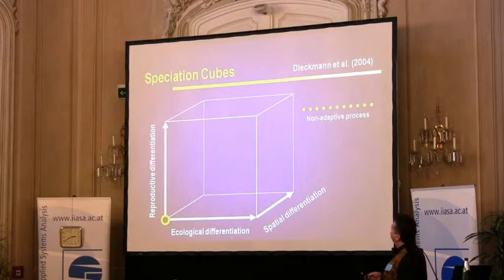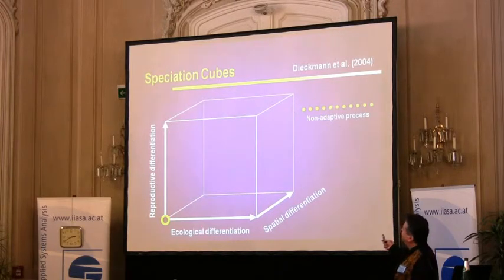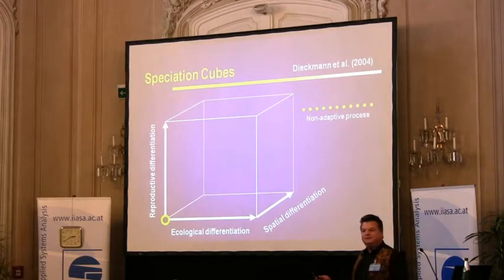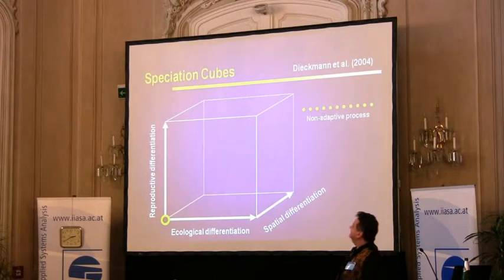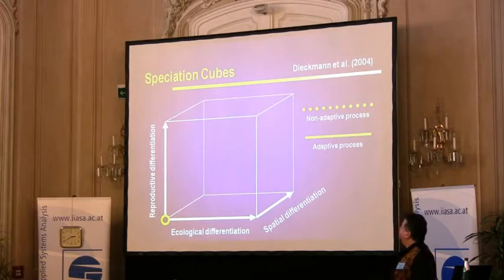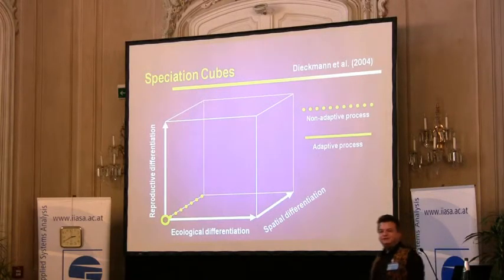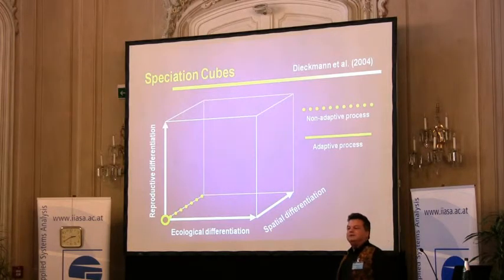So for example, we can distinguish between the parts of the trajectories that are non-adaptive, which are either random by genetic drift or externally imposed, and between the adaptive components of the speciation process. So for example, we can say speciation starts with a sudden increase in spatial differentiation by the separation, spatial geographical isolation of two populations.